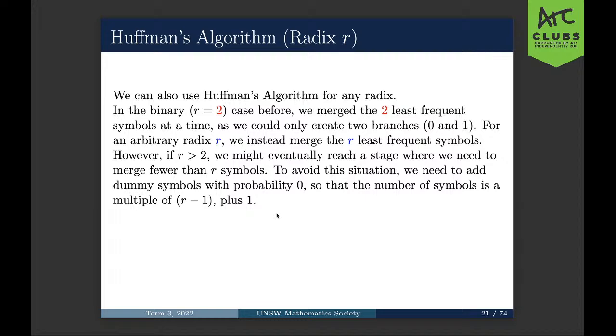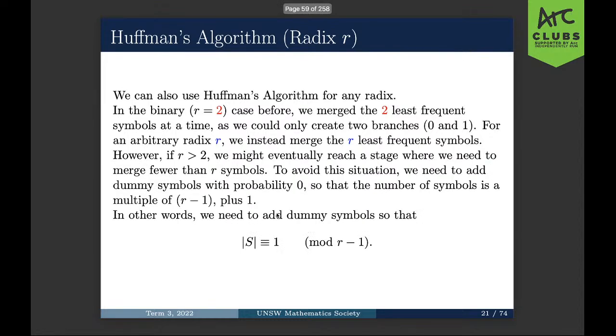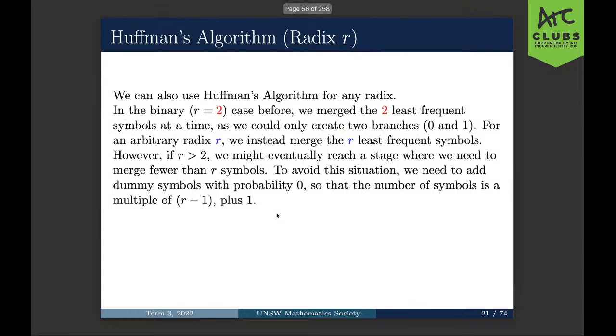And that sounds really wacky, but the reasoning behind that, it's not on the slides, is that, for example, when we combine the two symbols in the binary case, we ended up with one symbol in the next column. So that was a net decrease of 2 minus 1, so one symbol at each column.